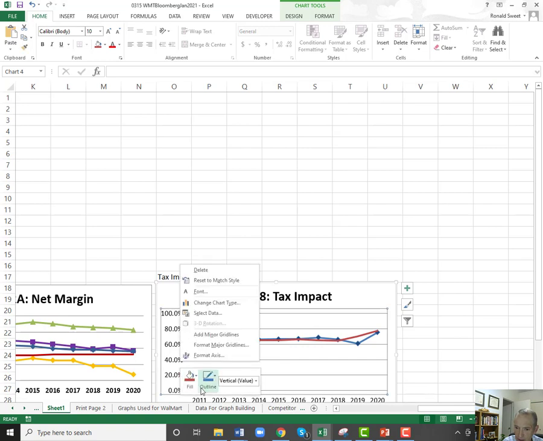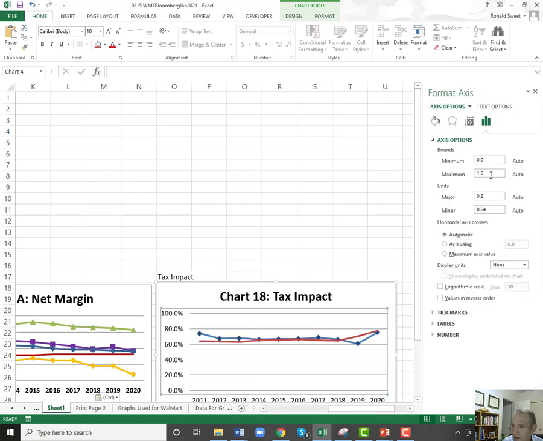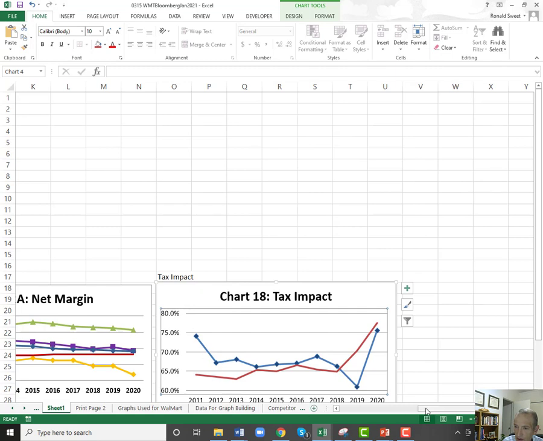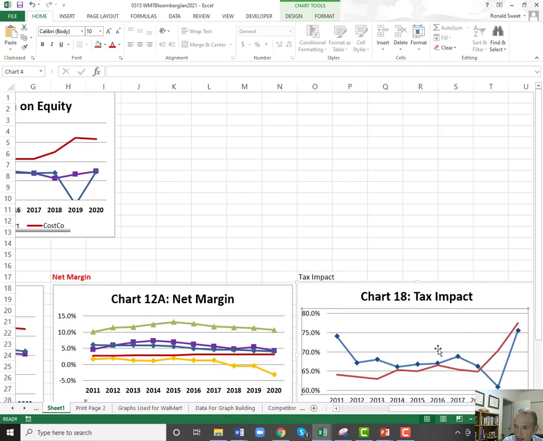We might be able to get a little bit more picture out of this if we change our denominator and numerator. And that's starting to look a little bit more like Walmart's chart. We can see the tax impact seems to be part of the reason for this shape. So here we can say taxes is important.